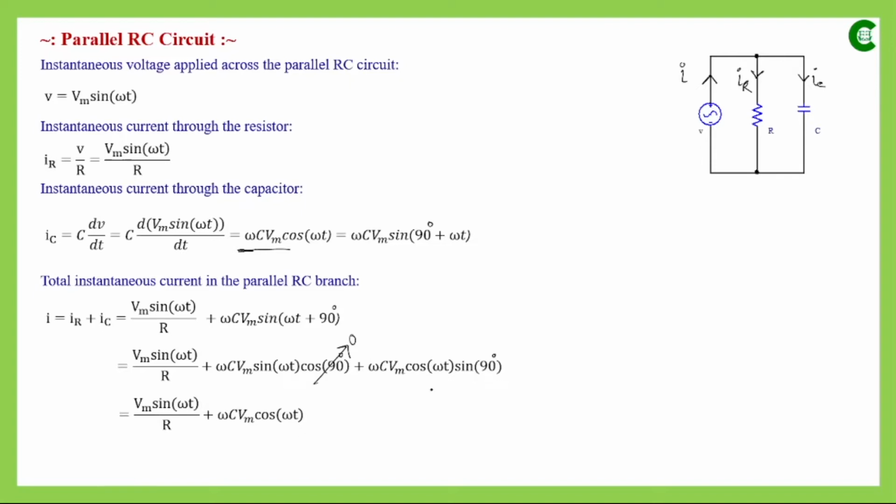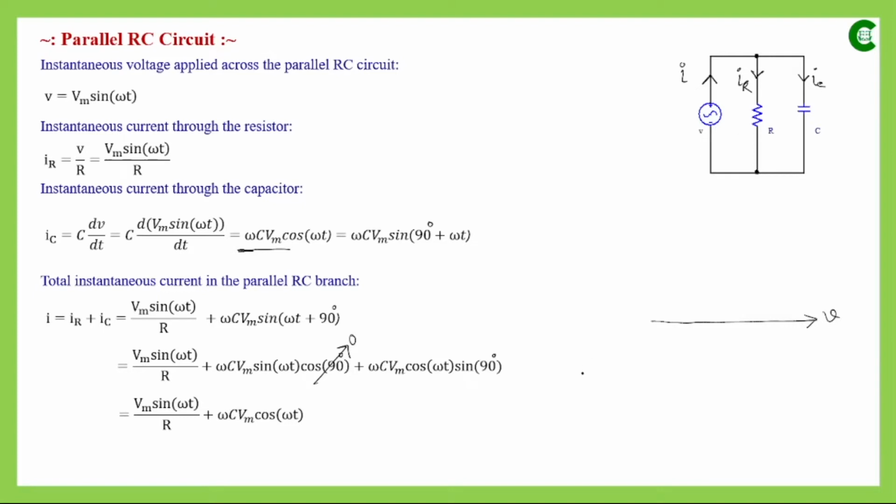Now if we draw the phasor diagram of this parallel RC branch, it can be done this way, since we took voltage as reference. First we will draw the phasor of voltage, and this is V. Next we will draw the phasor of the current that flows through the resistor, and we know that between the voltage drop across the resistor and the current that flows through the resistor, the phase difference is always 0.